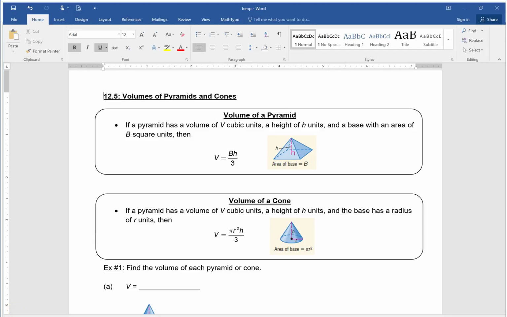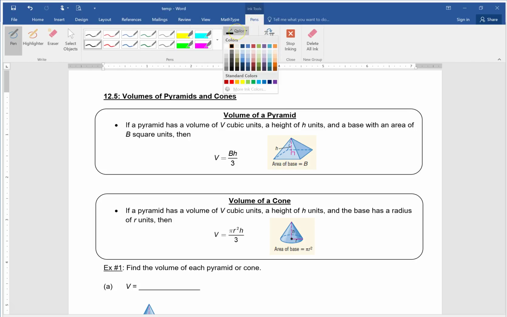Okay, so as we saw with the demonstration with the pyramids and the prisms, you have to fill a pyramid 3 times in order to fill up a prism.